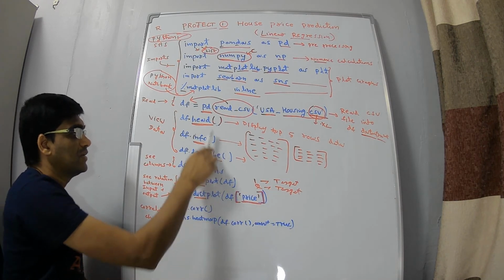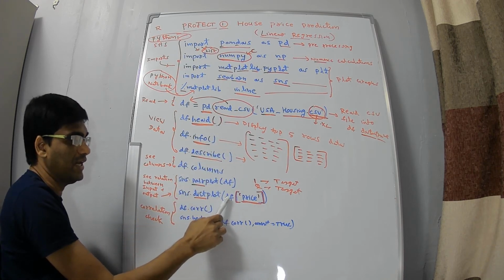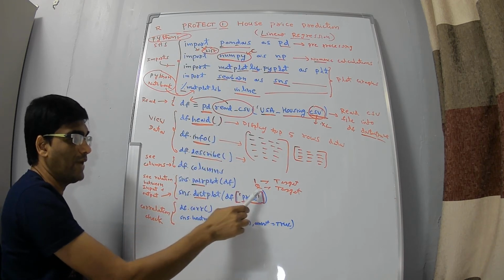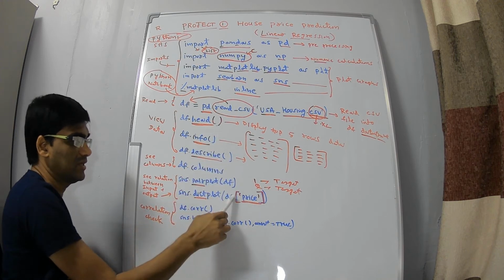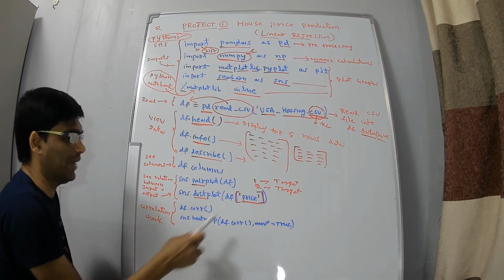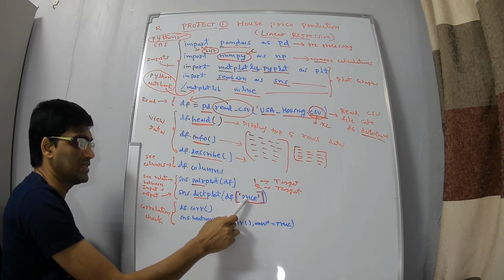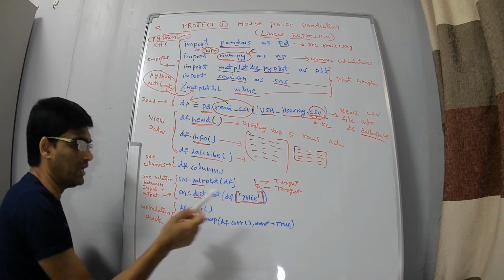Remember, friends: if it is a method we use parentheses, but if it is a data frame you have to use square brackets, not parentheses. Be cautious, and a single quote or double quote is required. So we are telling this plot that our output variable is this, so draw the distribution plot. We will see that.